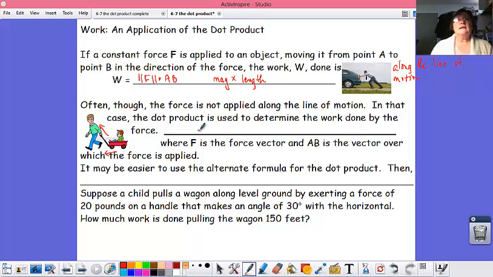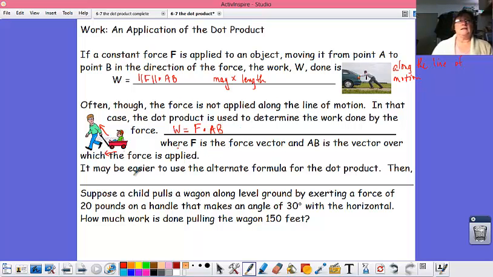Okay? In that case, the dot product can help you determine the amount of work done by the force. And the amount of work is W. You can find that by doing the force vector dotted with the length vector.